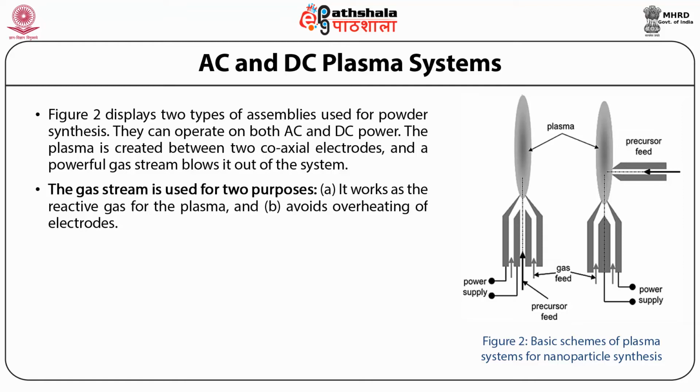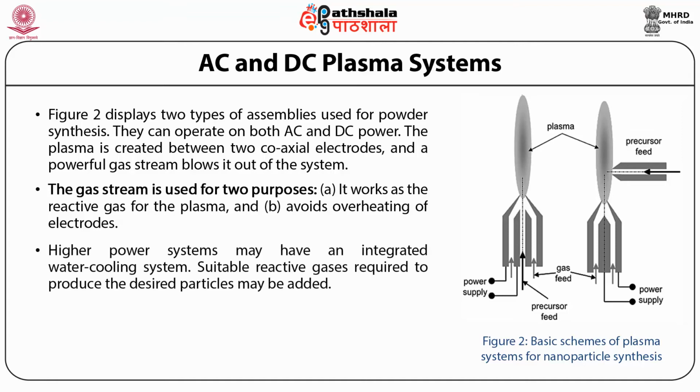And B. It avoids overheating of electrodes. Higher power systems may have an integrated water cooling system. Suitable reactive gases which are required to produce the desired particles may be added.